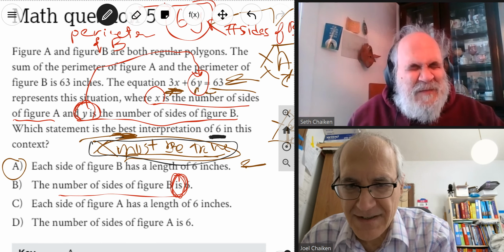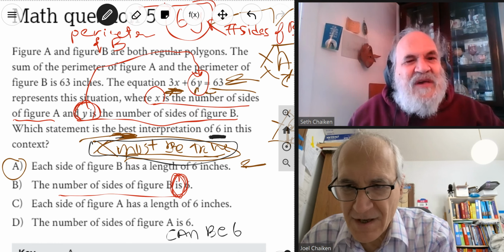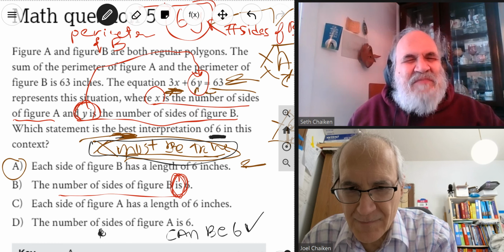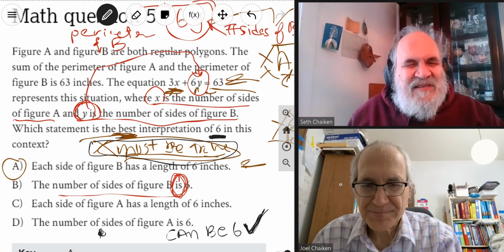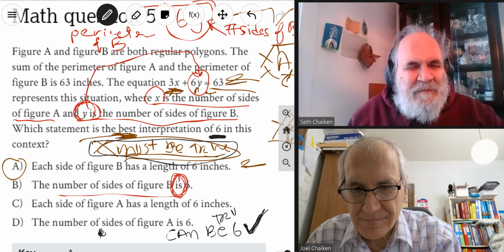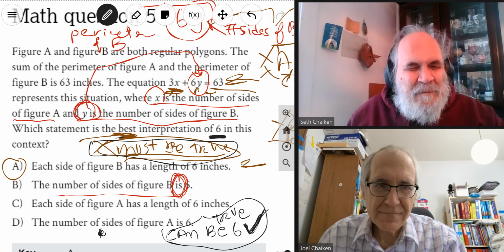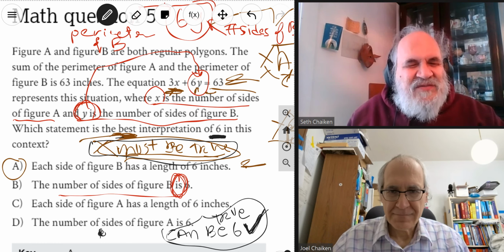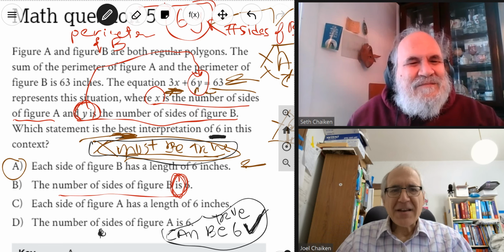Can be 6. So is 6 means that it's impossible for it to be something other than 6. Right. And can be 6 means that it's possible for it to be 6, and it's possible for it to be some number that's not 6. Right. That's right.